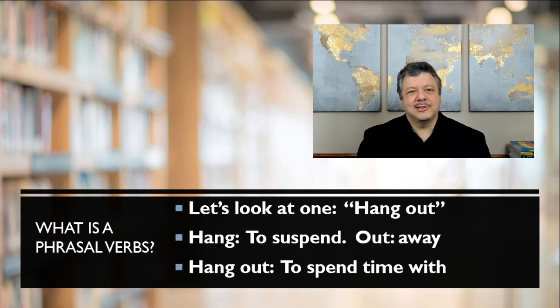For instance, I hang out with my friends on Friday nights. Or I like to hang out at the library at my university. You see, those two words together mean something very different than what they mean separately.